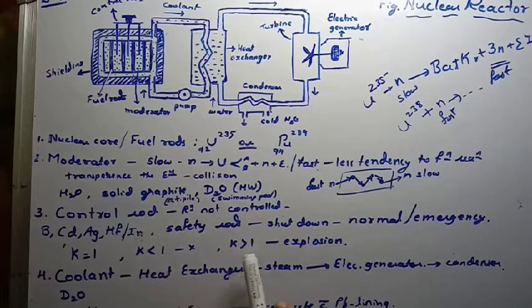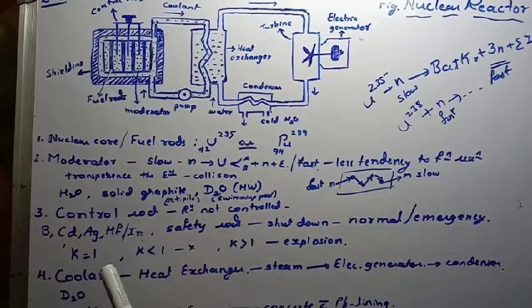Now if K is greater than 1, it leads to explosion. Therefore it should be steady and slow, and that is possible only when K is equal to 1. Sometimes the reaction is to be stopped or shut down, either under normal conditions or under emergency.